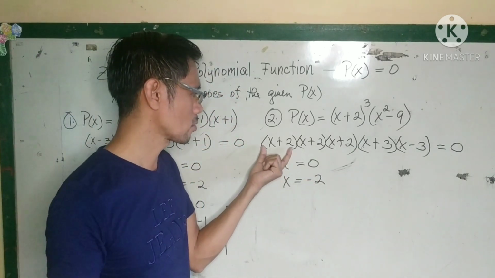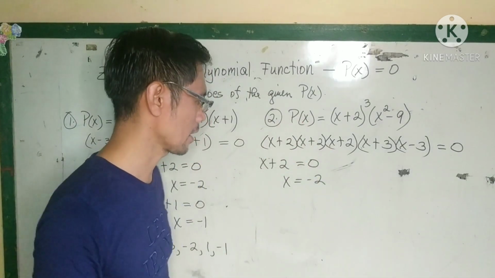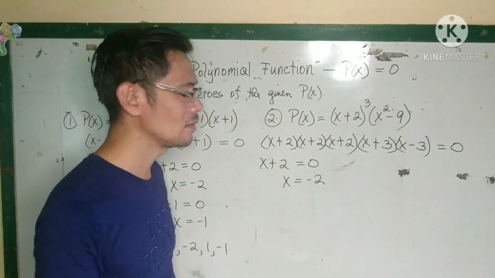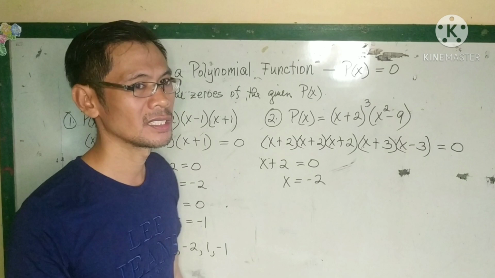Since x plus 2 appears 3 times as a factor of p of x, our root negative 2 has a multiplicity of 3.